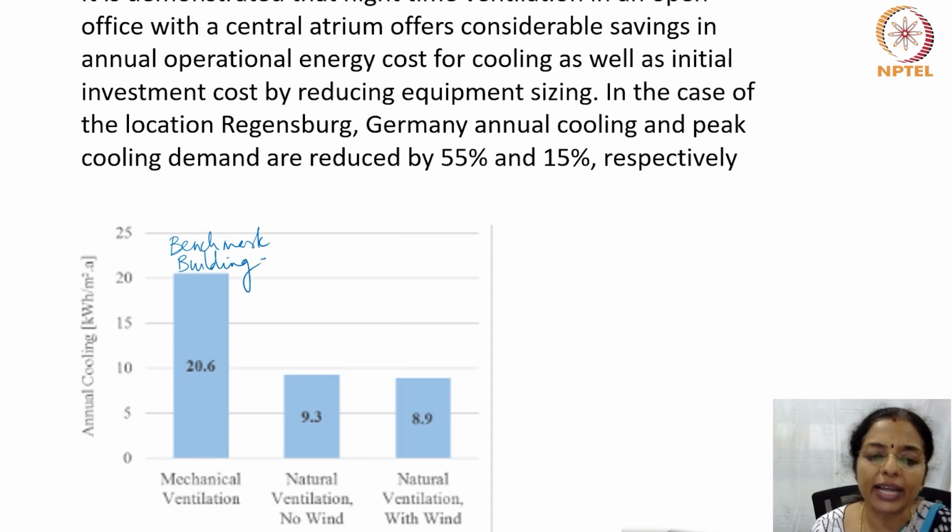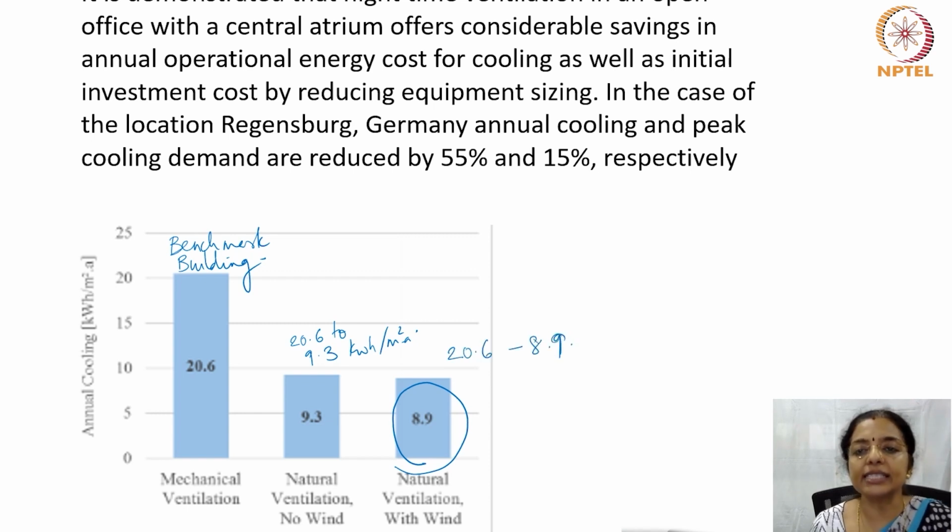It was found that natural ventilation without wind brought down the annual cooling energy from 20.6 to 9.3 kilowatt hour per meter square, and due to nocturnal ventilation cooling, there was a dramatic reduction in the annual cooling load. From 20.6 it went to 8.9, which is a considerable reduction in the cooling load.